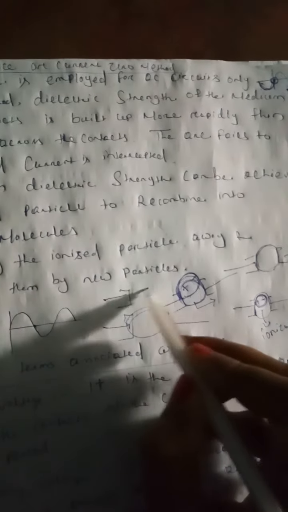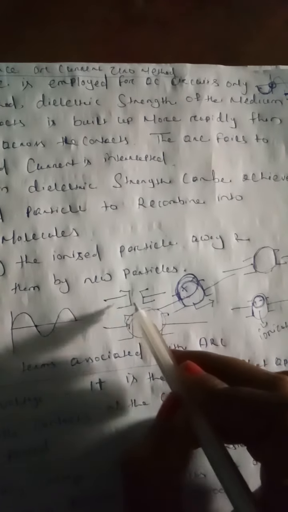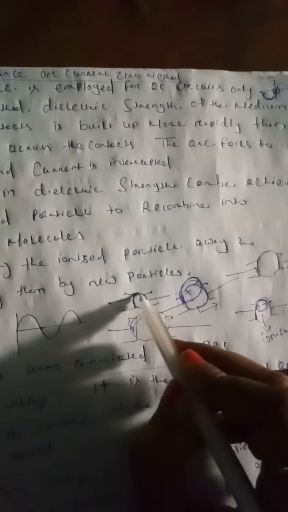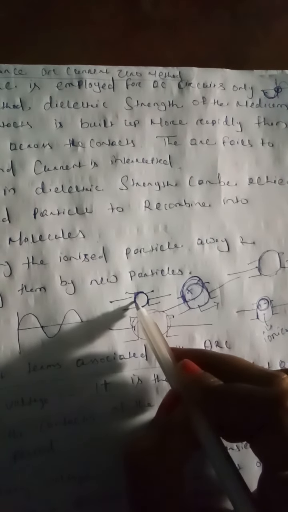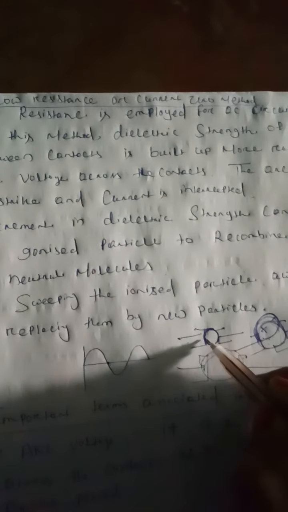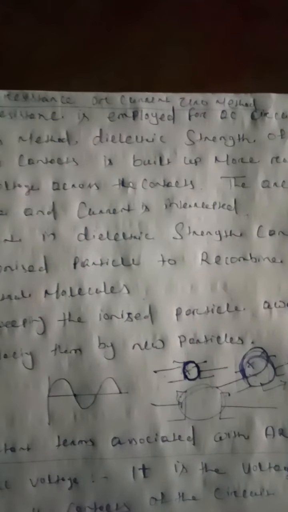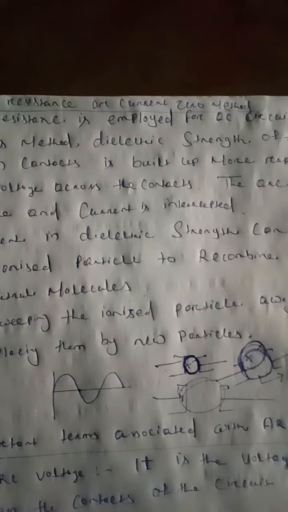Means when a fault occurs, the moving contact moves away from the fixed contact, and in that region the ionization process occurs. I already told you previously. In this ionization region, positive charges and negative charges are also there. We can easily recombine those charges and neutralize them. With this, the dielectric strength is also increased.